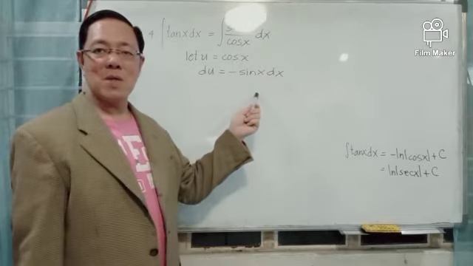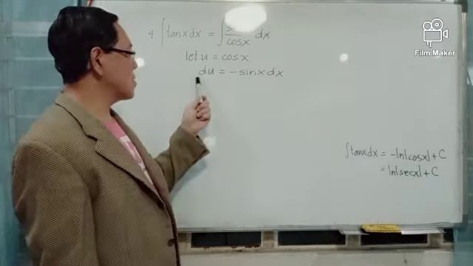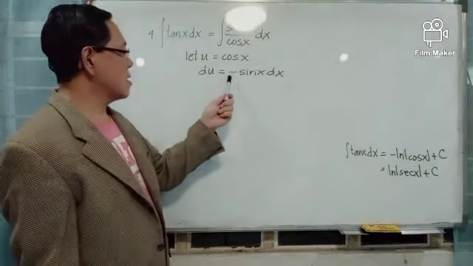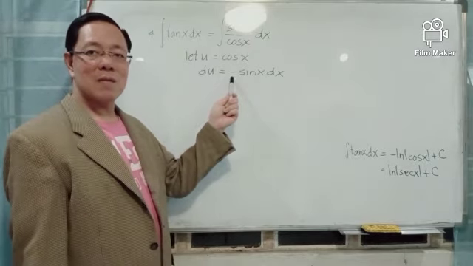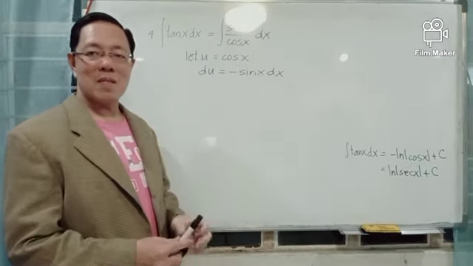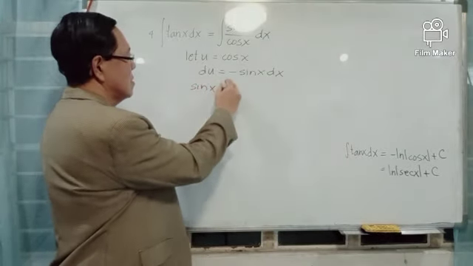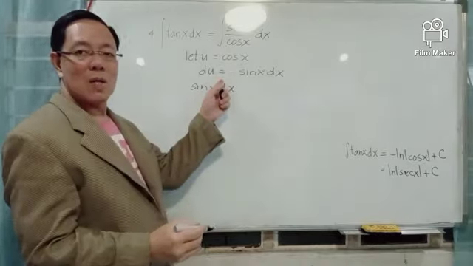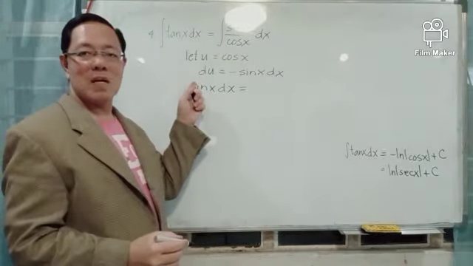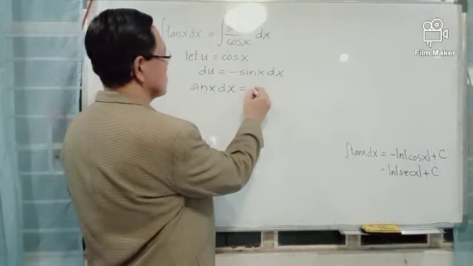From this equation, we solve for sine x multiplied by dx by multiplying both sides by negative 1. If we multiply the right hand side, negative sine x dx by negative 1, we would get positive sine x dx equals, we also multiply the left hand side by negative 1. Negative 1 multiplied by du is negative du.